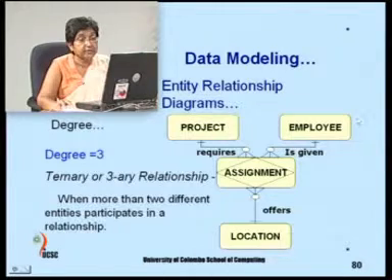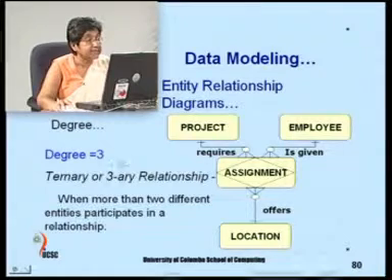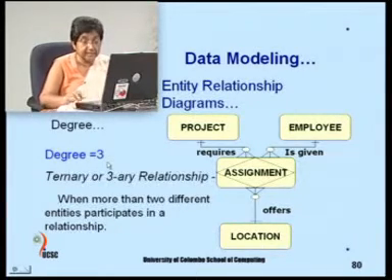So there are actually 4 types of entities here, and the entity type called assignment has relationships with project, employee, location. So here the degree is 3, when more than 2 different entities participate in a relationship. So there are 3 here, therefore the degree is 3.